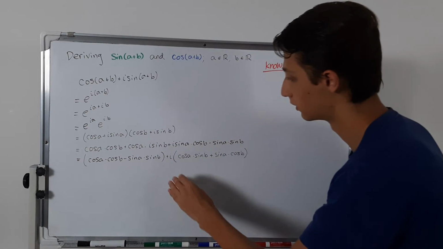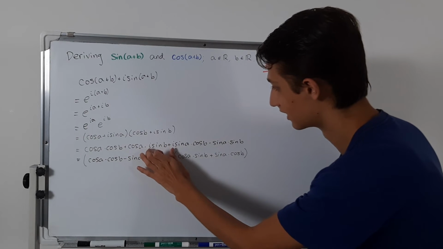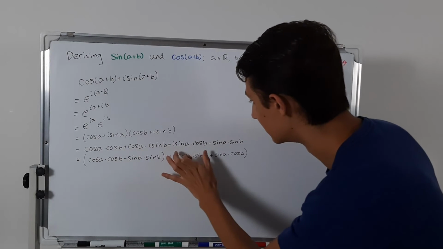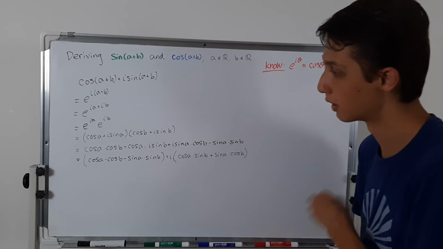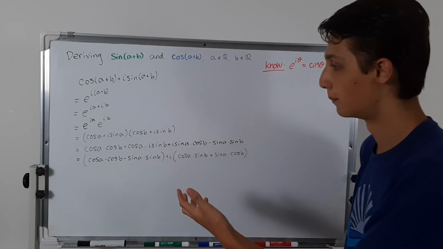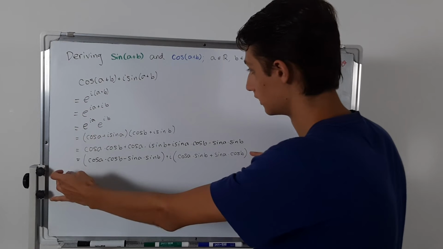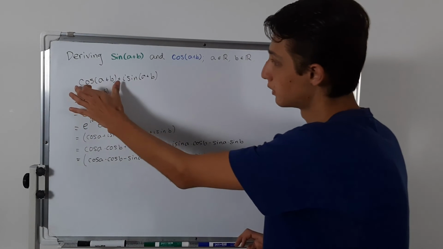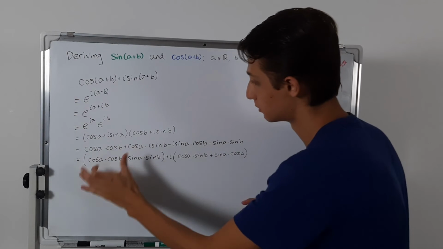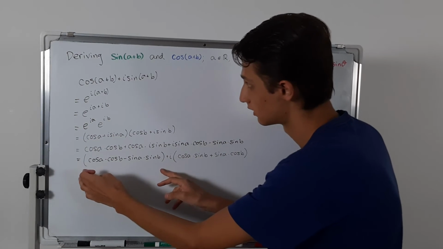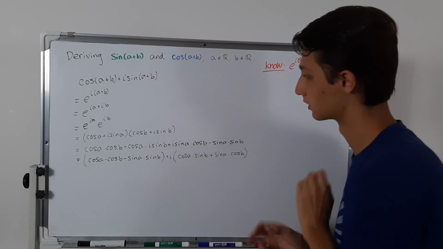I put it in this set of parentheses, and then I put this term and this term together and factored out the i, and that's all I did. So now we can compare that this is the same as this, which means that the real part of this is going to be the same as the real part of this, which means that cosine of a plus b is exactly equal to this, and then the imaginary parts are also going to match. So we have sine of a plus b equal to that.